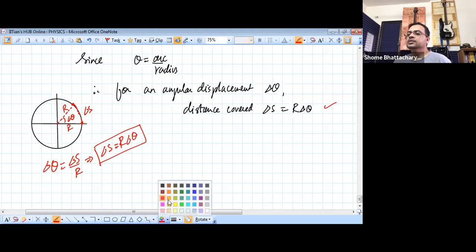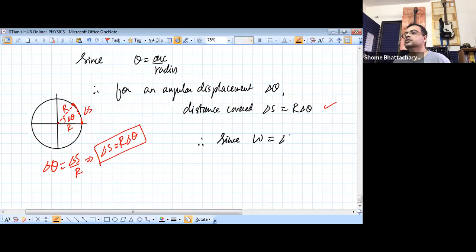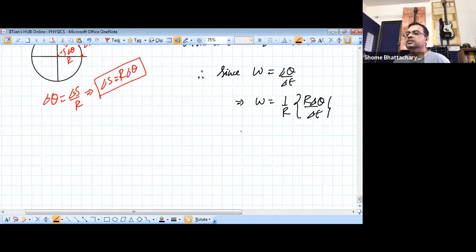Now the next thing we'll see is interesting. Since angular velocity is delta theta by delta t, we can also write angular velocity as 1 upon r into r delta theta by delta t. So just multiply and divide by r, and now you can see r delta theta is nothing but the linear distance, or distance traveled along the circular path.